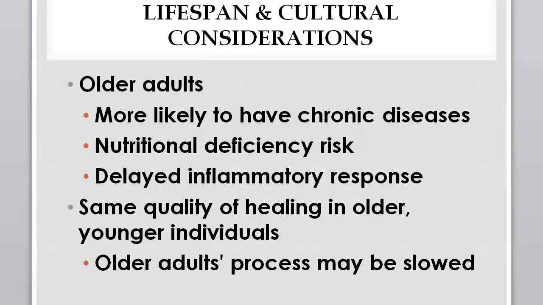They also have a delayed inflammatory response, and the quality of healing is the same in older and younger adults. But unfortunately, older adults' process may be slowed down, and it may take longer for their wounds to heal. So something to think about.